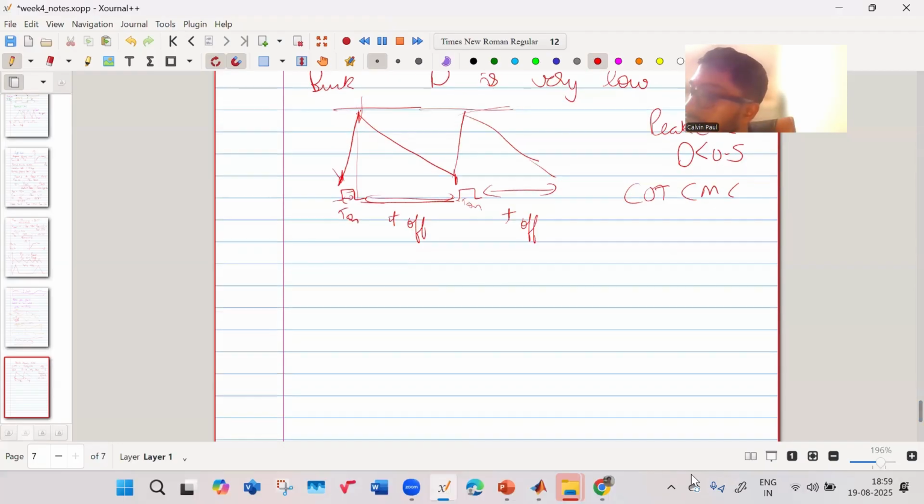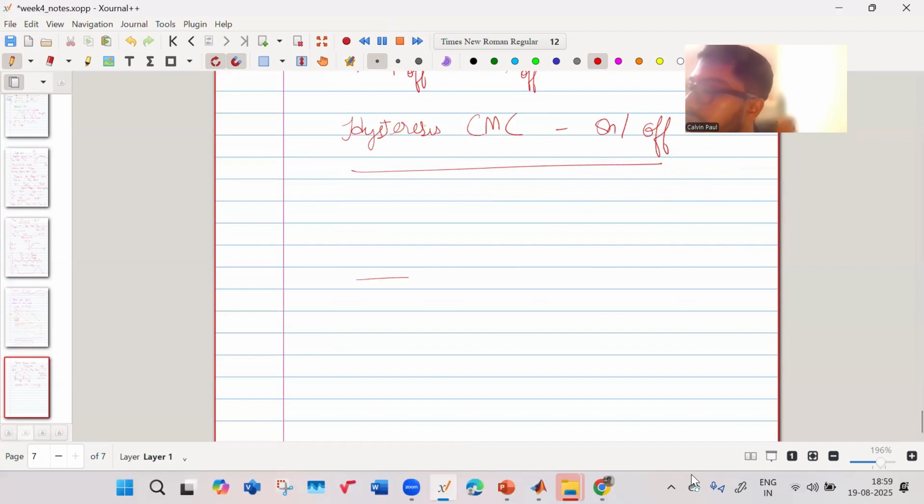Next is hysteresis current mode control. Hysteresis current mode control is also known as on-off control. A common example which I teach my students, like we do in the control lab, is the on-off controller.